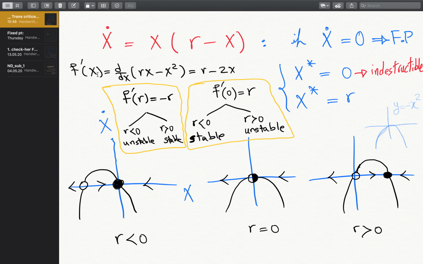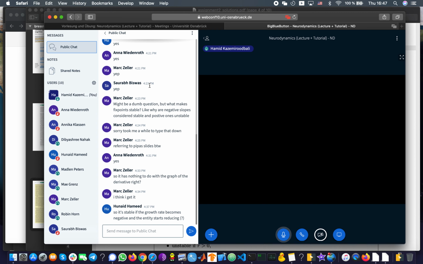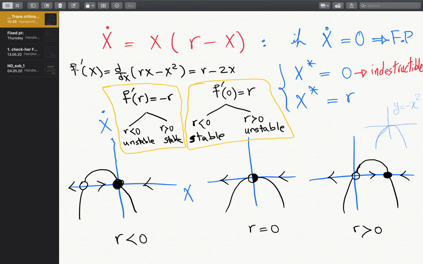f prime of x is equal to d over dx of this formula over here, which is rx minus x squared. The first part, r, does not depend on x, therefore you don't have any change, and d over dx of x is equal to 1, therefore the first derivative of the first part is r.